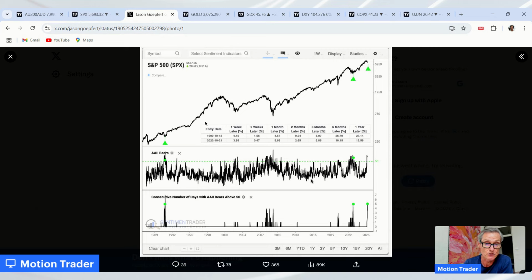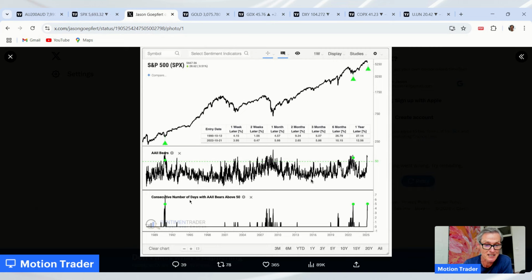So at the top, we've got the S&P 500. The indicator below there is showing the percentage of bears in the American Association of Individual Investors survey, and below there, an indicator showing the consecutive number of weeks the bears have been above 50%.